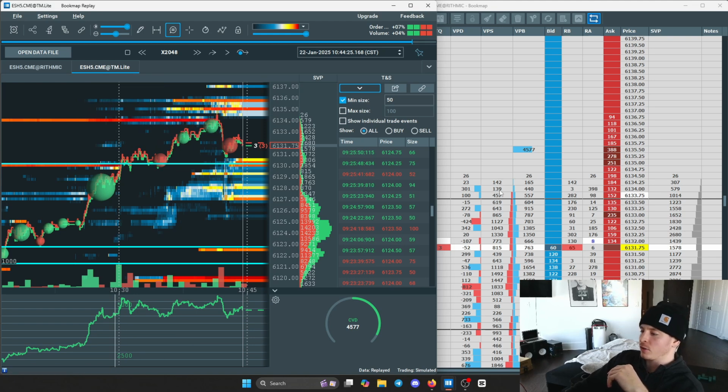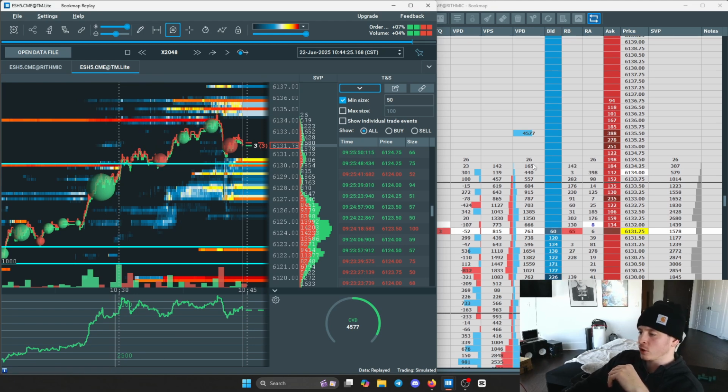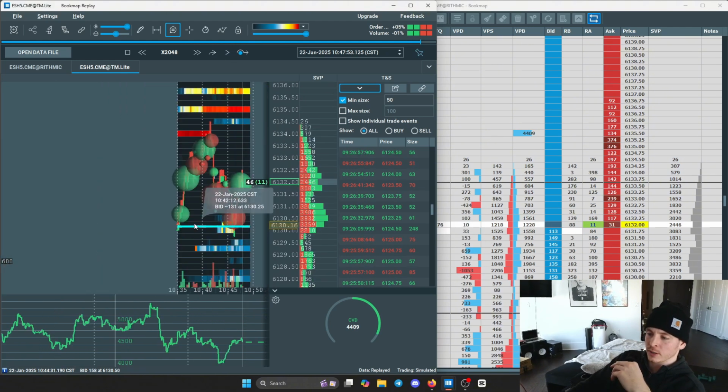You can see on the DOM, which is not there anymore, but the DOM represented as if prices were not done trading up here, because usually when prices are done trading, they leave a tail and it's almost like a quick rejection. So it'll move up and then directly down, and it'll leave a low volume area, which would signify that prices did not like being up there and they were done trading up there.